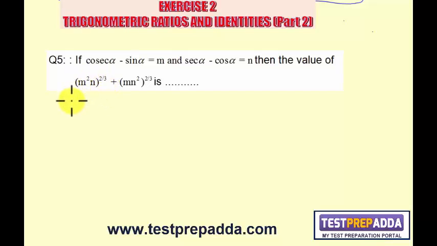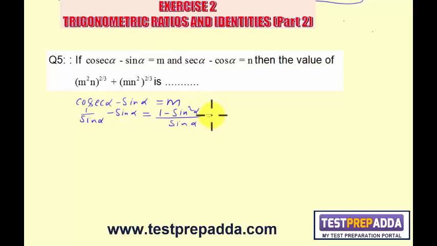Now, first of all, what is given? Given is cosec alpha minus sin alpha is equal to m. Cosec alpha, we know, is the reciprocal of sin alpha, so I can write this as 1 minus sin square alpha upon sin alpha, which is equal to cos square alpha upon sin alpha, is equal to m. Okay, so consider this as number 1.